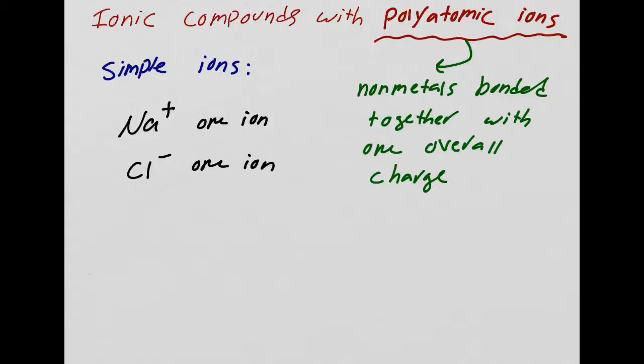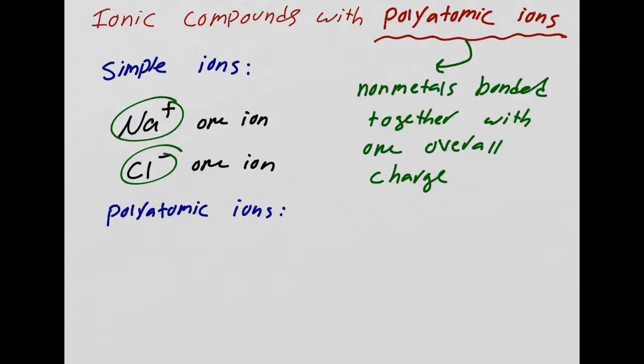So, I want to give you an example of a polyatomic ion. Simple ions, you know: you take it from the periodic table and you give it a charge. For example, sodium and Cl were the ions.